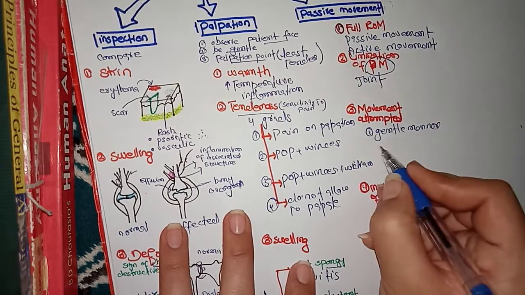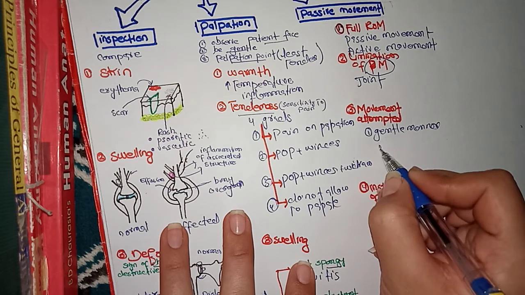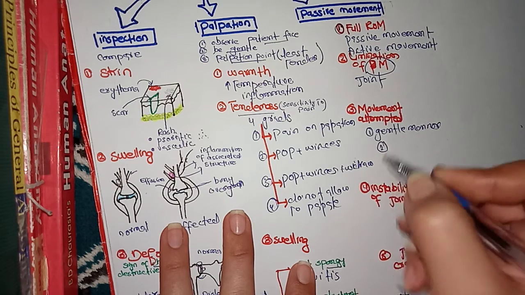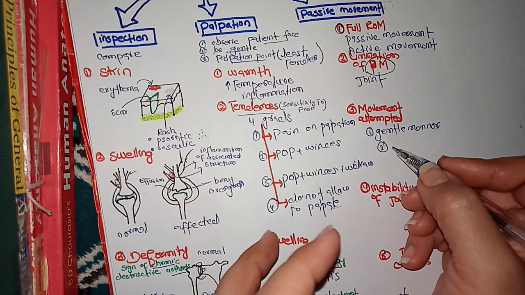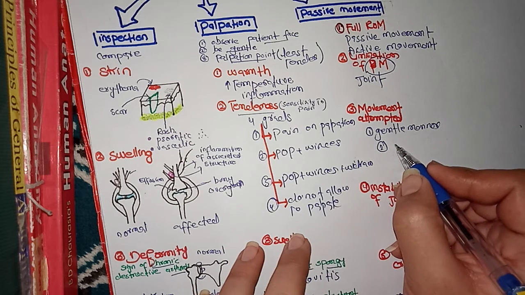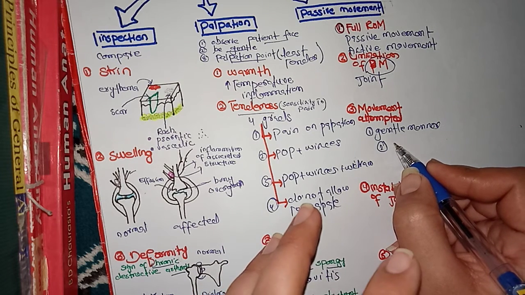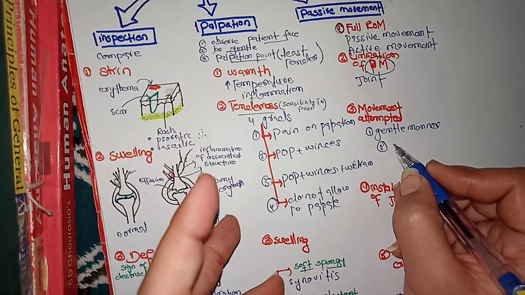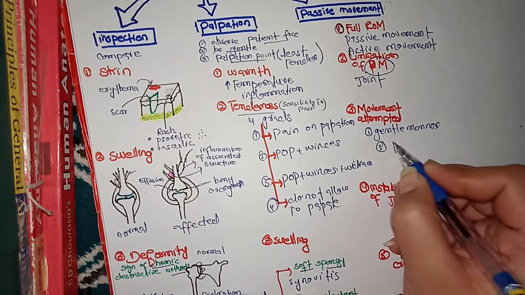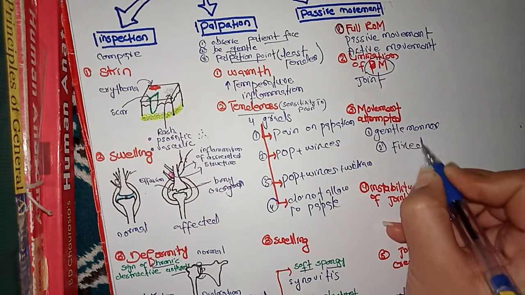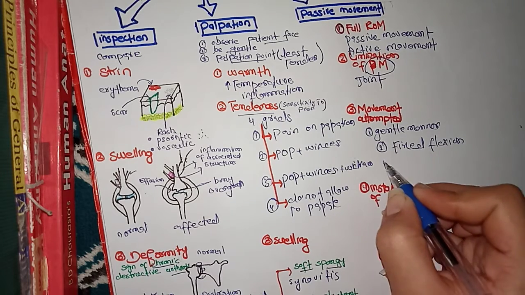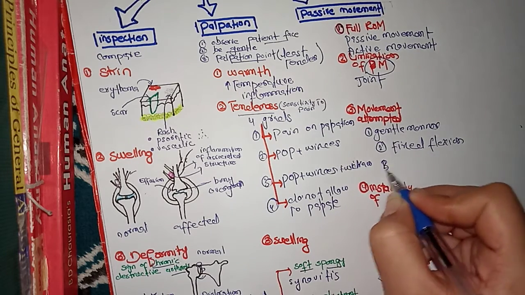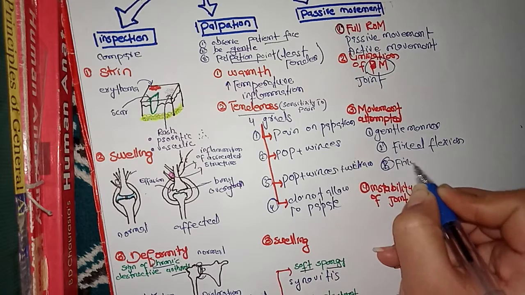And you observe that when you ask the patient to move the limb, two kinds of conditions may occur: fixed flexion deformity and fixed extension deformity.